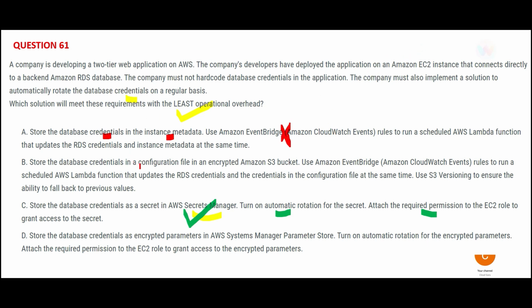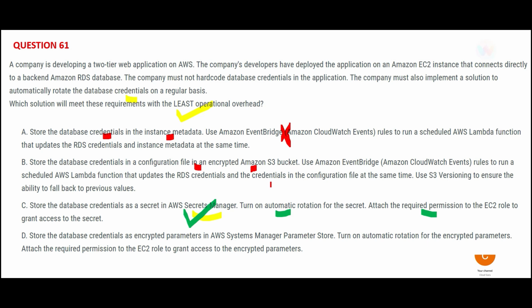B says you store the database credentials in a config file in an encrypted S3 bucket. So the bucket is encrypted, but the config file is not masked. So once you gain access to the S3 bucket, you gain access to the config file where the credentials are naked.